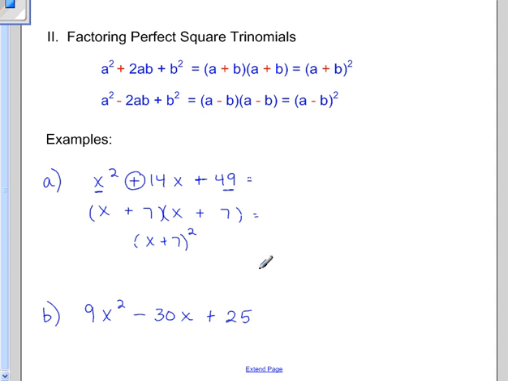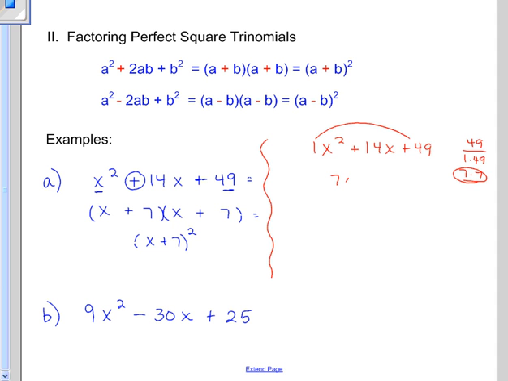Or I could factor this one just like the method that I've shown you in the previous sections. If I see a trinomial x squared plus 14x plus 49, I can multiply the first number times the last number, which is 49, make a list until I find the two numbers that are going to add up to give me the middle term, which we know would be 7 and 7.